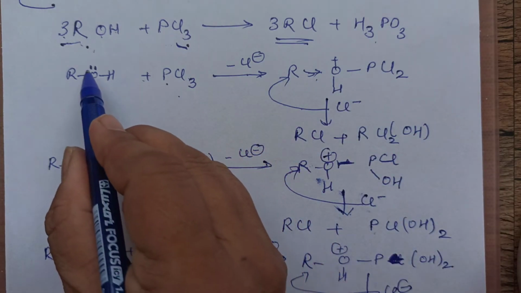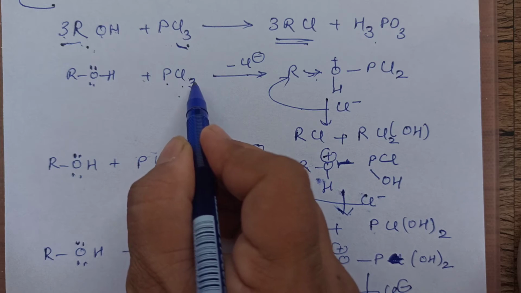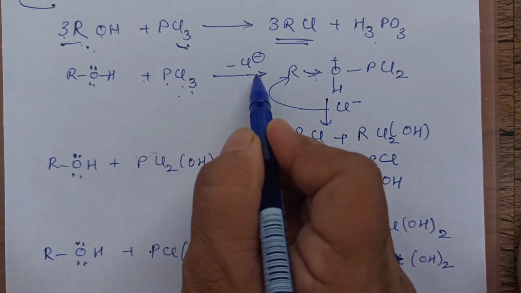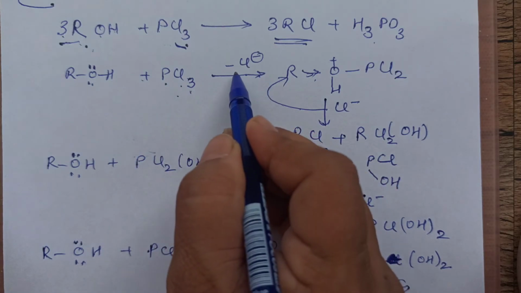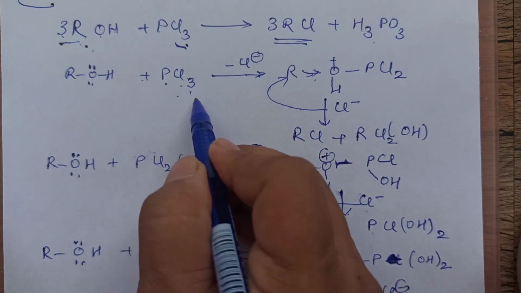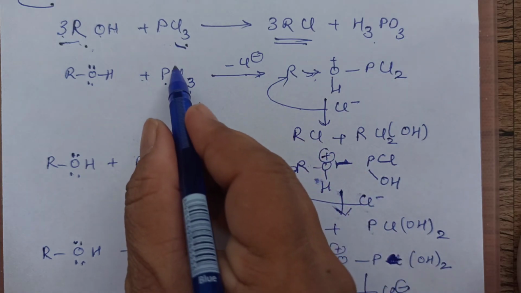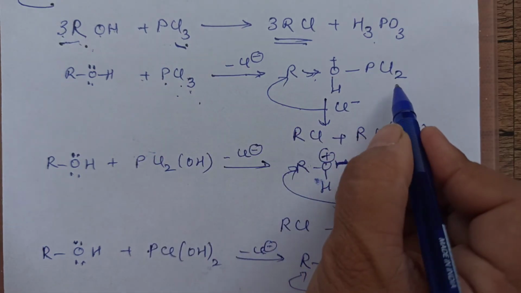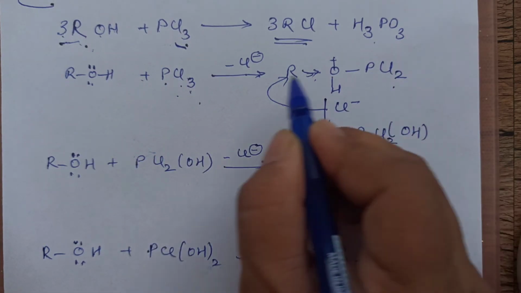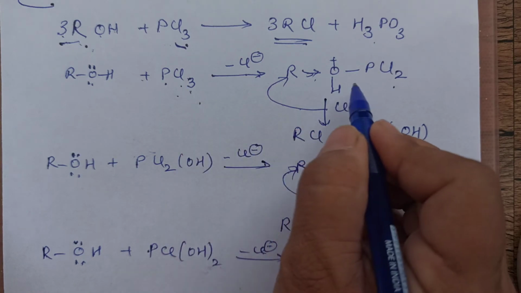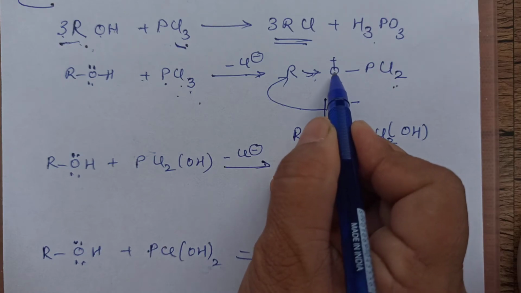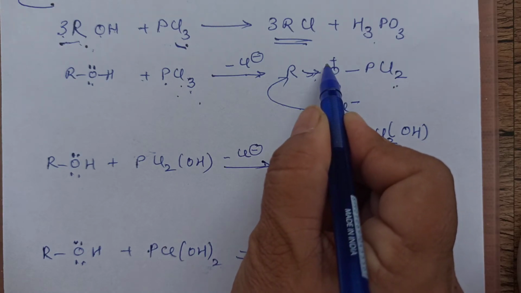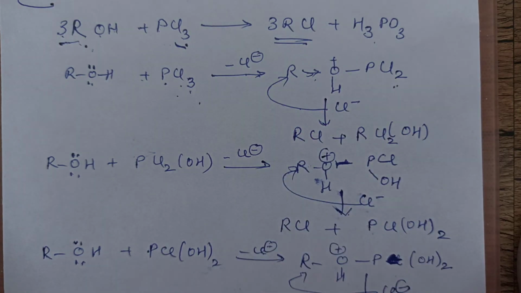At the same time one Cl from this PCl3 comes out, so that its valency is not getting disturbed. So you are getting Cl2 now left over. Out of that Cl, one has gone, so it is Cl2, and this has formed a bond with it, and only one lone pair is left, so it will get a positive charge.